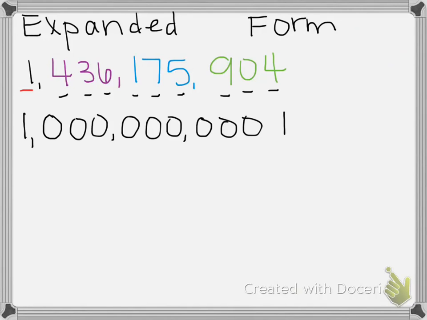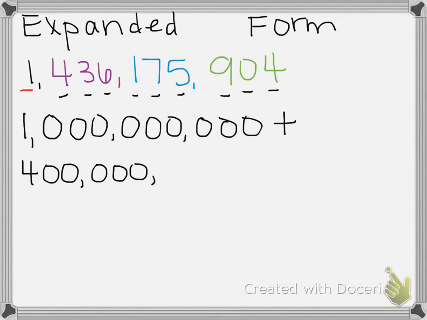So 1 billion plus, the next digit is the 4, and that's in the 100 millions place. So the value of it would be 400 million. There's 8 digits that come after it, so I need 8 zeros.